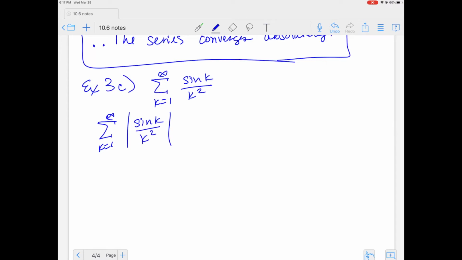What happens when I have sine? What does sine do? Yep, it jumps back and forth between +1 and -1. That's sine. But if I take the absolute value of sine, then what happens there? Yeah, we're going from 0 to 1. That's my absolute value, right?